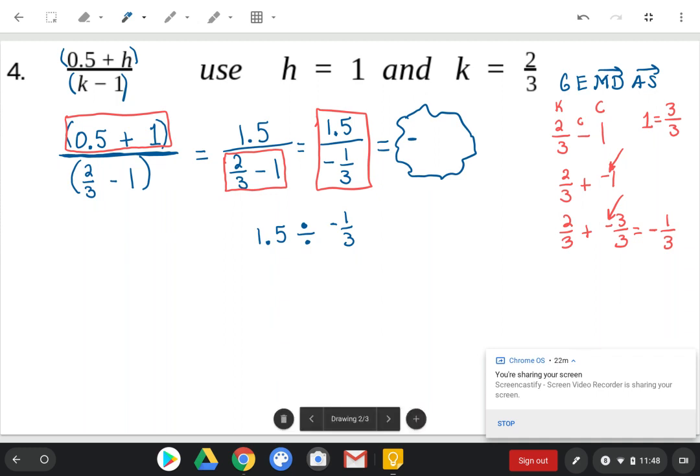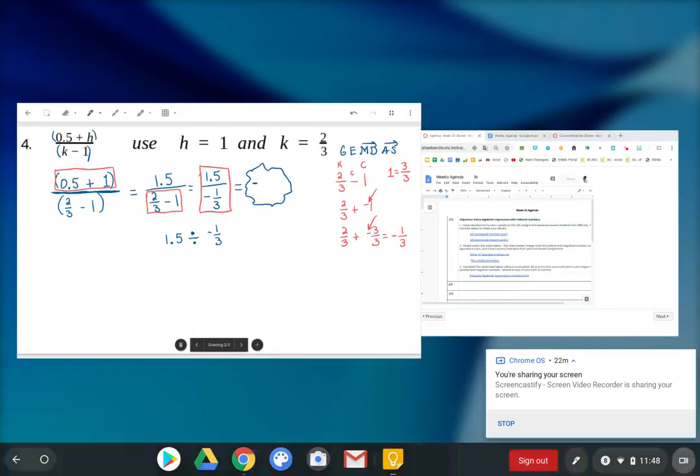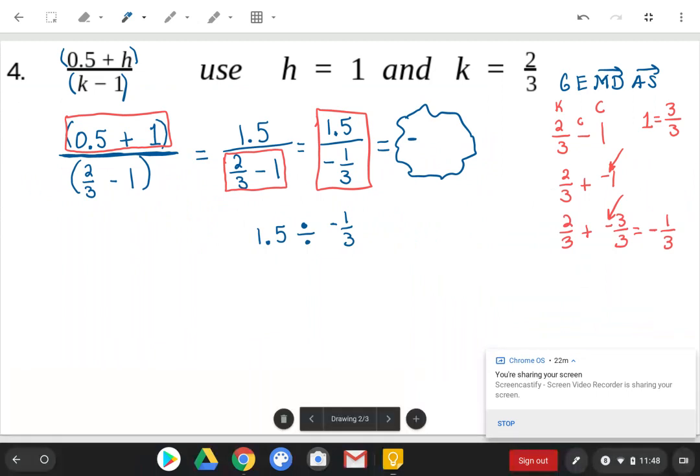But our main issue is that we are trying to divide a decimal and a fraction. And we're not going to be able to do that. We either need to turn the decimal into a fraction or the fraction into a decimal. Again, turning that 1/3 or -1/3 into a decimal is not going to be possible because 1/3 as a decimal is just decimal 3 that repeats forever.